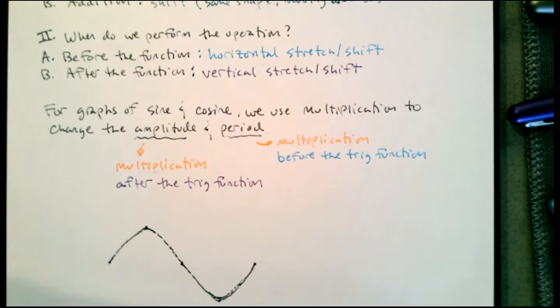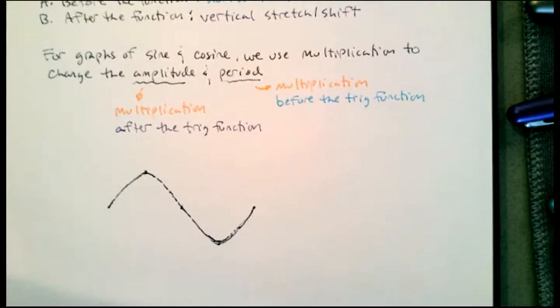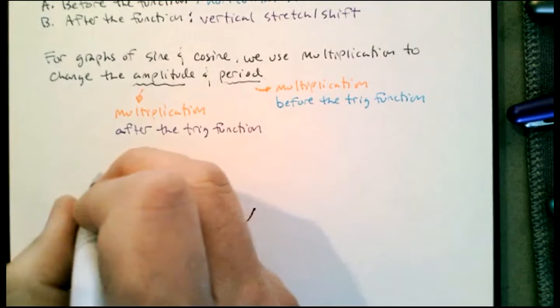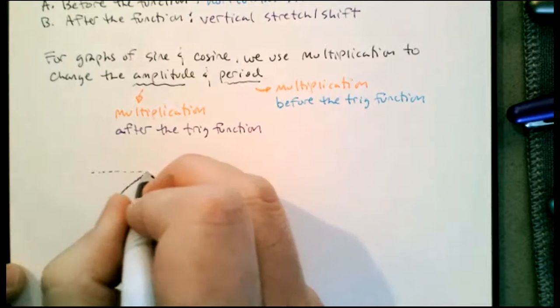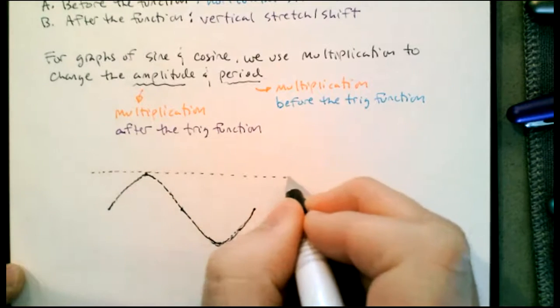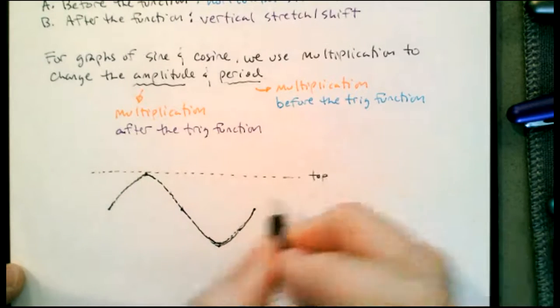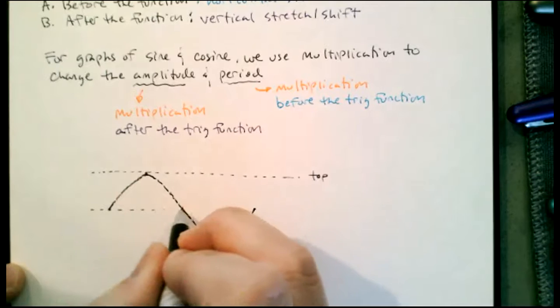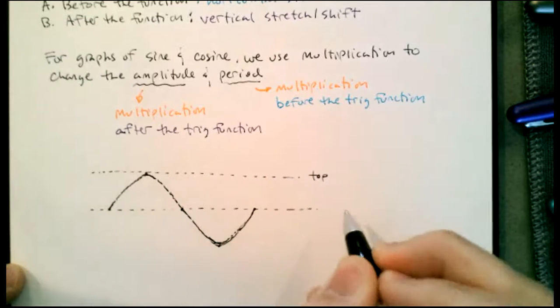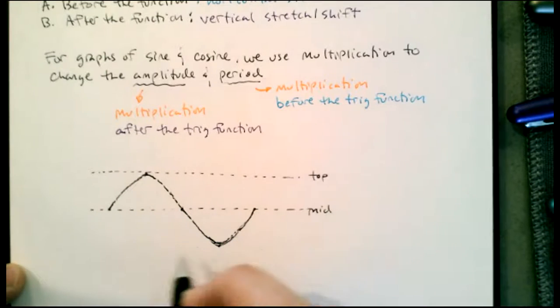We know that there's a top, a middle, and a bottom to graphs of sine and cosine. So here we have the top up here. We have a middle. And we have a bottom.